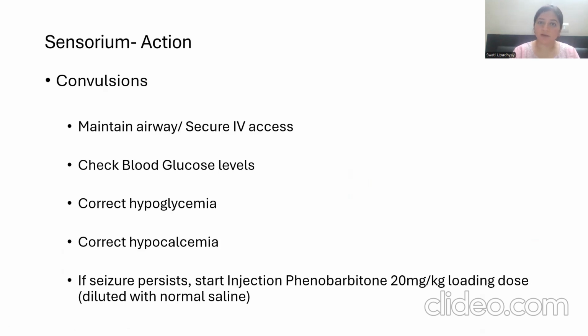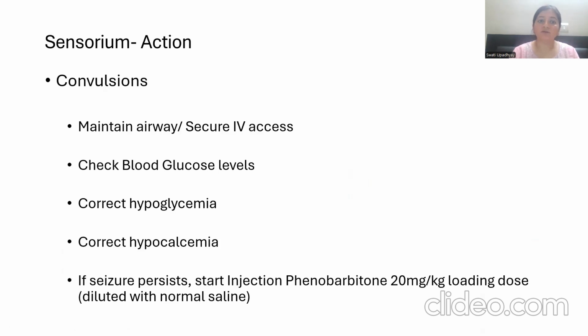Correct hypoglycemia, as we discussed. Check calcium levels also. Hypocalcemia is also a common reason of convulsions in newborn babies. If there is low calcium level, give calcium gluconate 2 ml per kg diluted in same amount of 5% dextrose. Give it over 5 to 10 minutes slowly under cardiac monitoring.